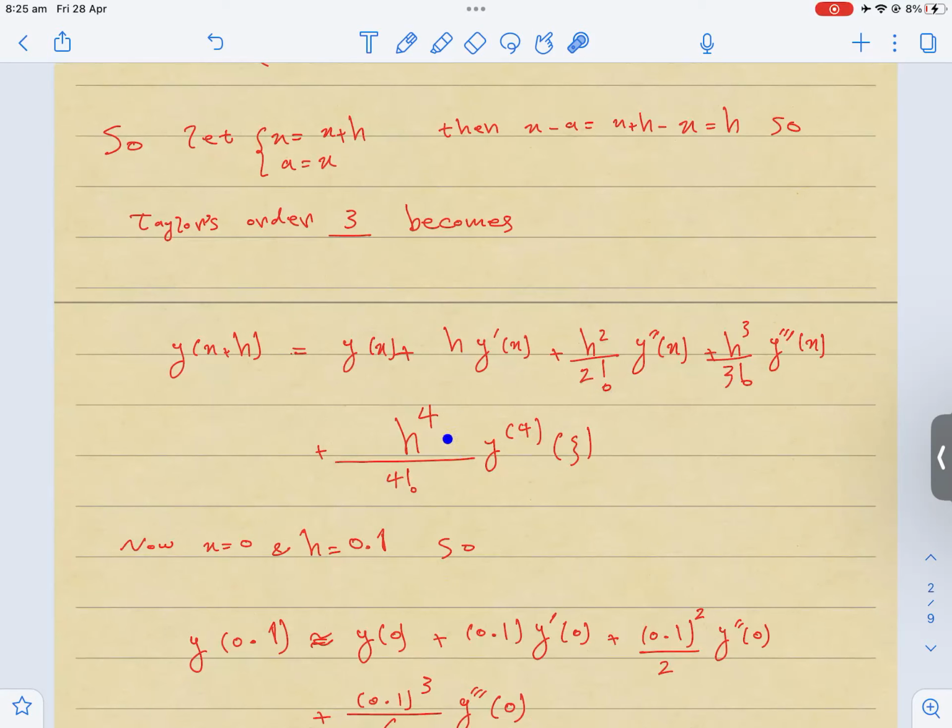Okay. So by Taylor's series, we are able to discover many things, different numerical methods for solving ODEs. However, you know from Math 1120 and 2310 that y(x) plus h times y prime(x) is Euler's method.